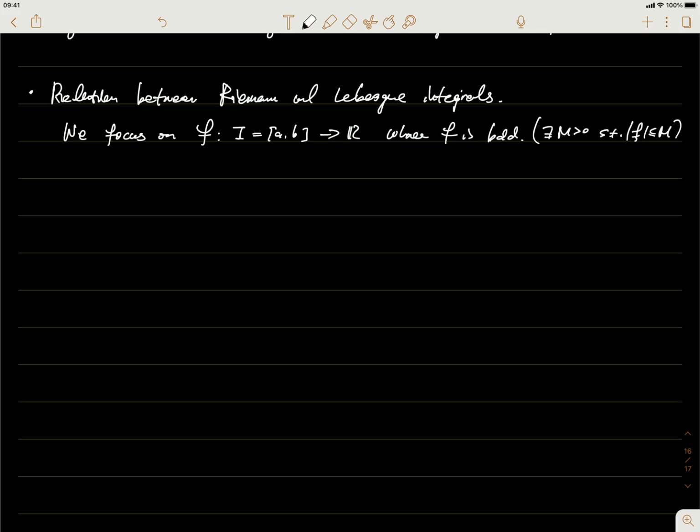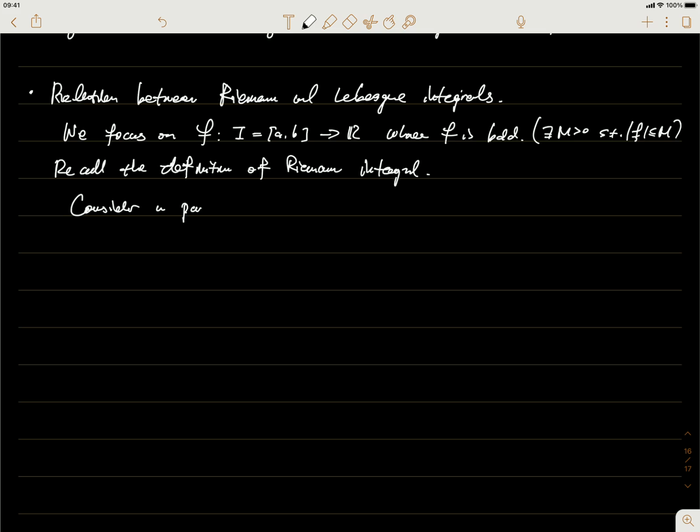Now let's recall the definition of the Riemann integral. To define it, we first consider a partition of the interval.